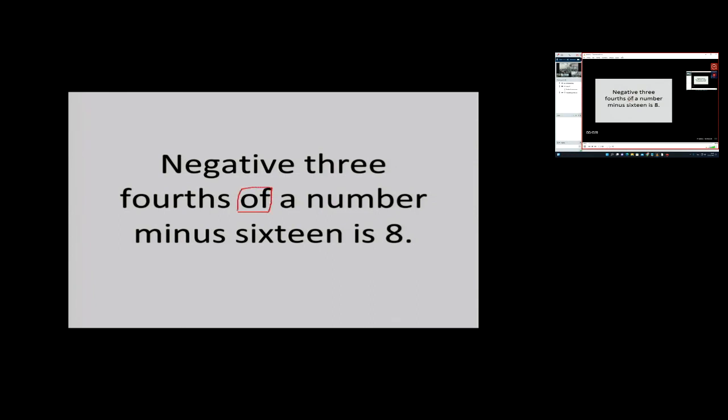Times. That is negative. Negative 3/4. Of a number. Negative 3/4 of a number.